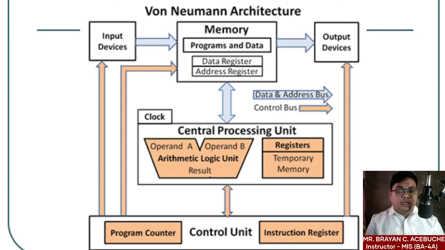In other definitions, computer architecture involves instruction set architecture design, microarchitecture design, logic design, and implementation. Now, I want the class to define those terms again, or give your understanding on what are the input devices, the output devices, the memories, the central processing unit, and the control unit.